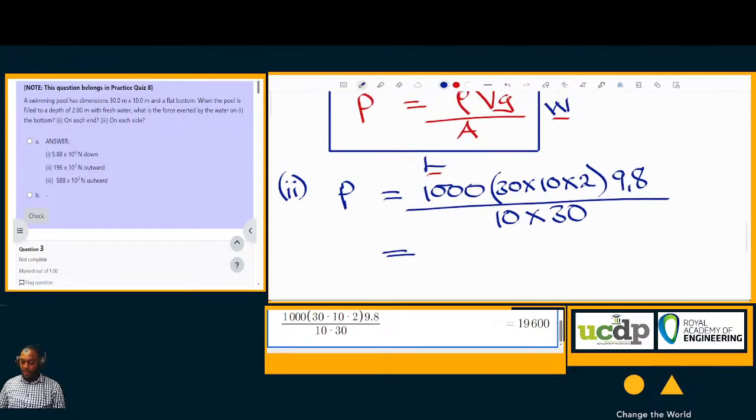Because we want to find the bottom side. The bottom side would be ideally your length and the width, and acting downwards.